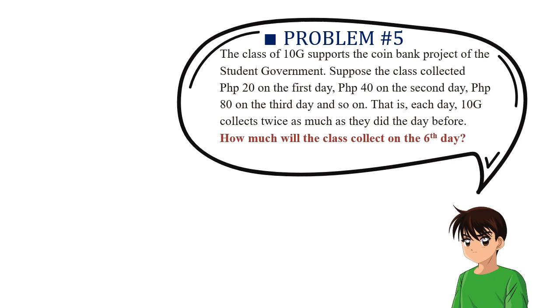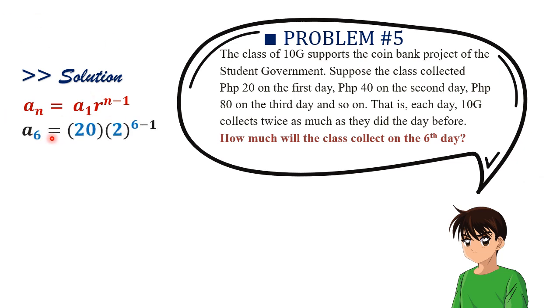Next target: what are we going to solve for? Based on the given question, how much will the class collect on the 6th day? So we are going to look for the value of the 6th term only. Thus, we are supposed to use the general formula for geometric sequence. Now let us substitute the given data.